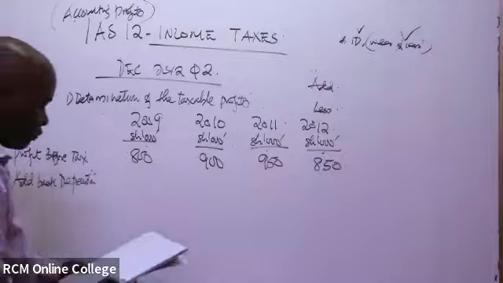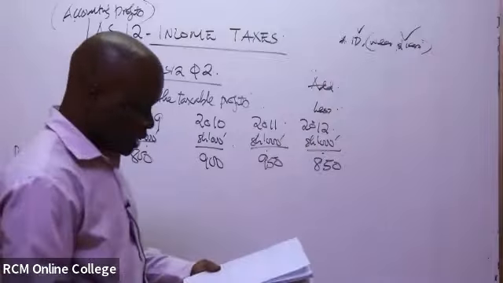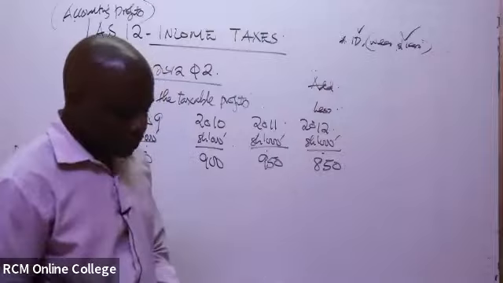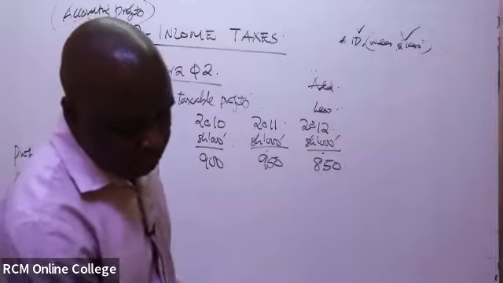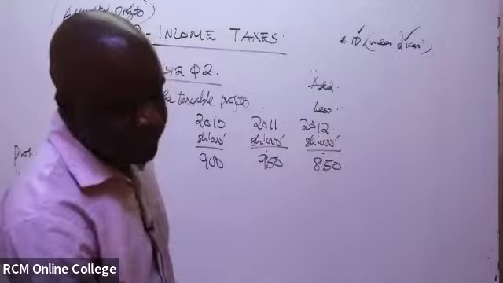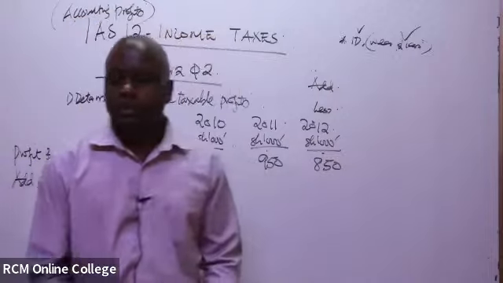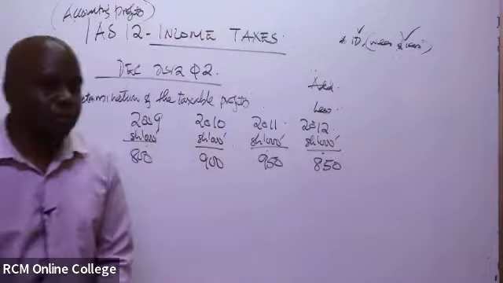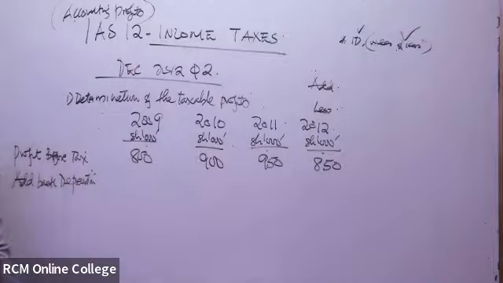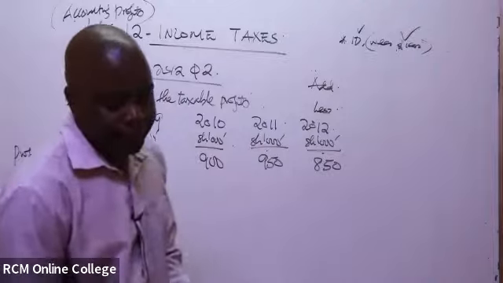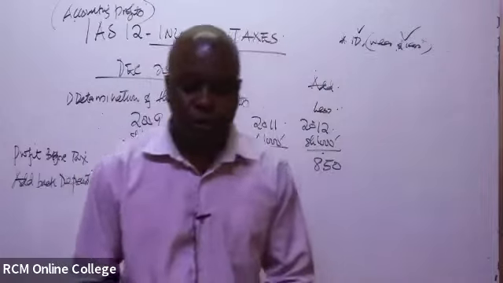And of course, we've been told that depreciation was on a straight line basis, that is 25% per annum. So how much will our depreciation be? It was 25% per annum straight line on the cost of this equipment.